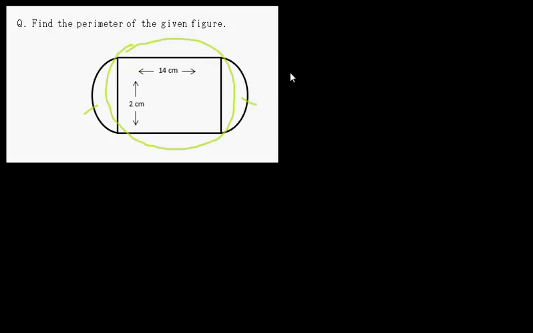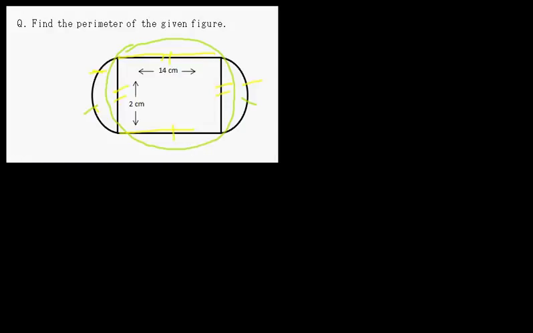So let's suppose that this figure given to us was a 3D shape and it was standing erect. We wouldn't have been able to see these lines. The only lines that would have appeared to us were this and this and this and this. So the two semi-arcs and the lengths of the rectangle is all that we would have seen.